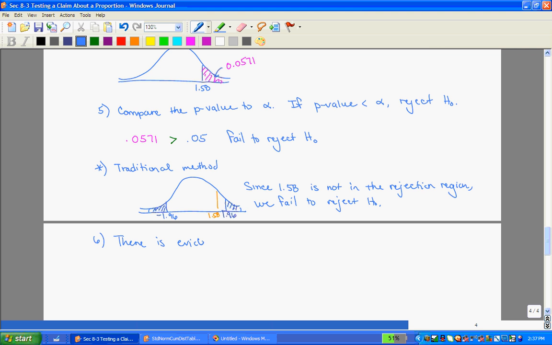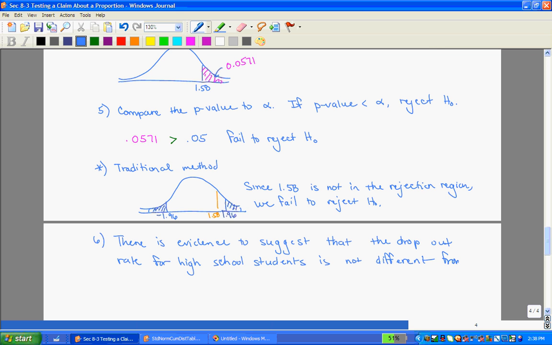there is evidence to suggest that the dropout rate for high school students is not different from 15%.